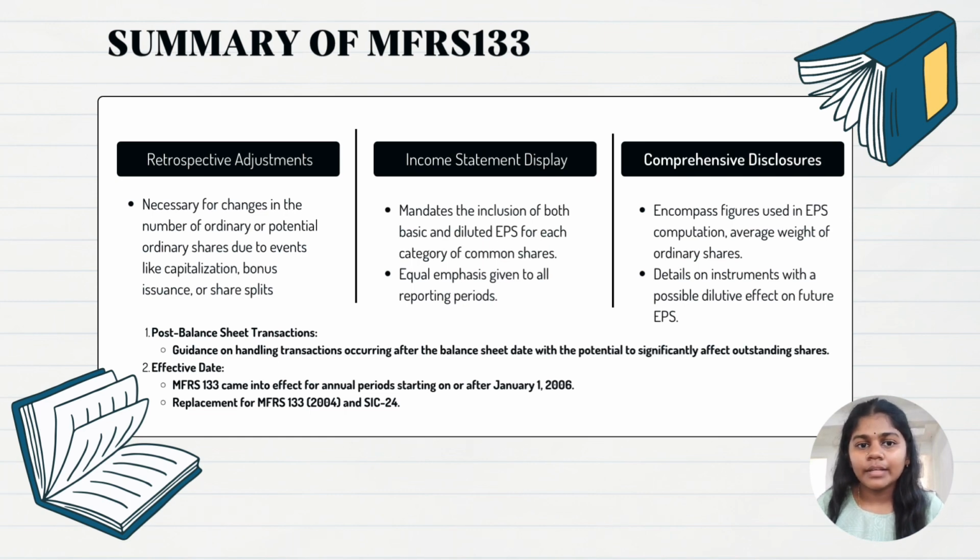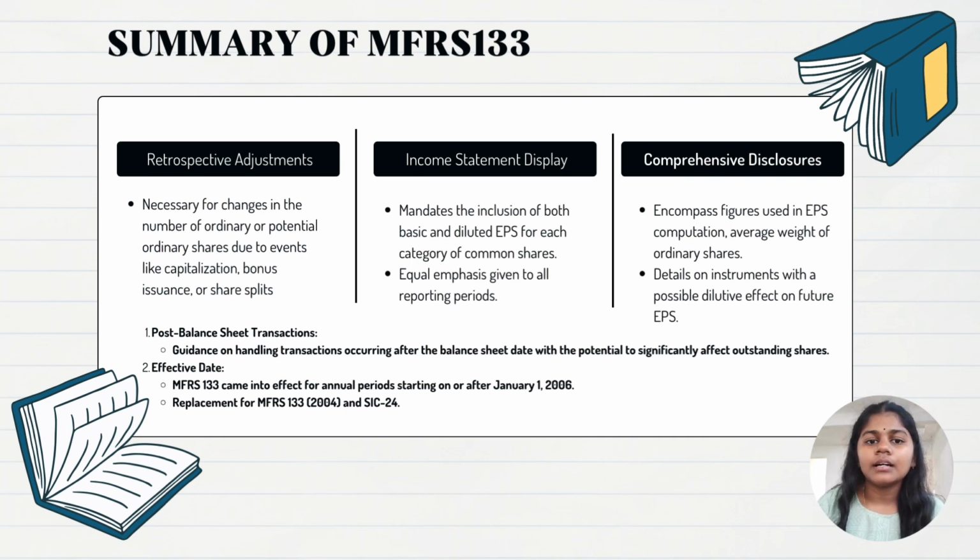The standard requires that the income statement include display of both basic and diluted earnings per share for each category of common shares, with equal emphasis given to all the reporting periods. Disclosure encompasses the figures utilized in the computation of earnings per share, the average weight of ordinary shares, and the information regarding the instruments that may have a possible dilutive effect on EPS in the future.